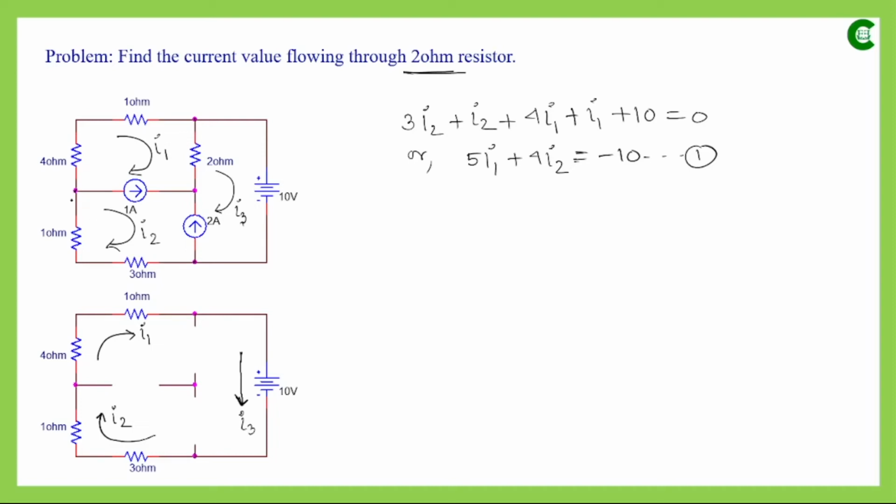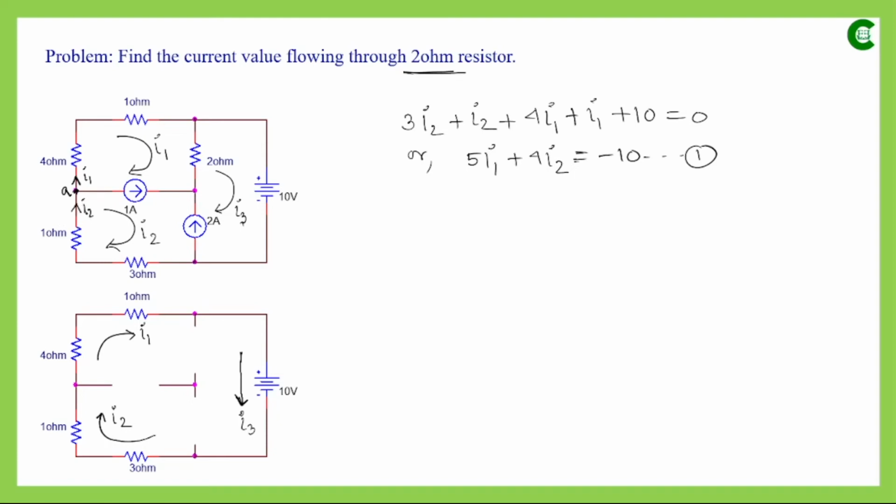At this node, the I1 current and I2 current are associated. If we apply KCL, going by the direction of I1, it flows through this 4 ohm resistor, so with respect to this node the current I1 is leaving the node. And going by the direction of I2, it flows through the 1 ohm resistor upward.